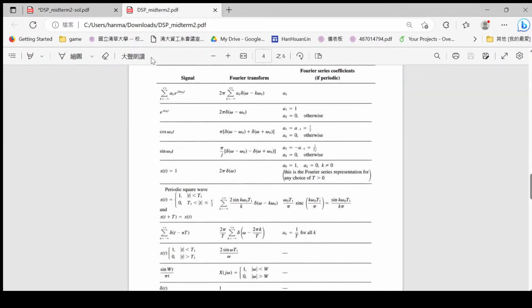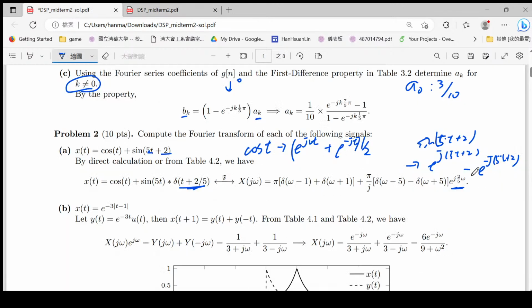And you just apply this e to the j omega naught t formula to everything. And this should be 1 over 2i, 2j, I believe. Yeah, so you can do this also.